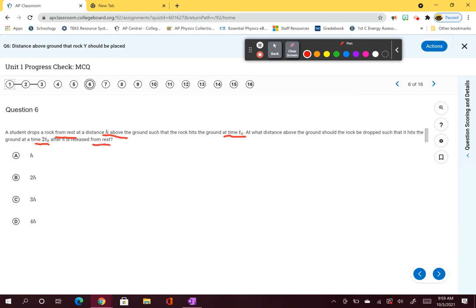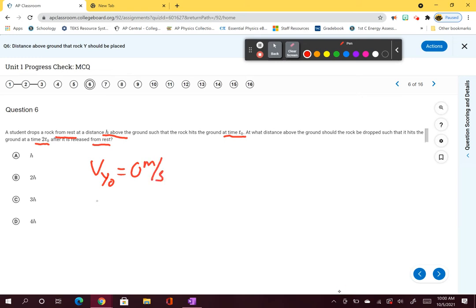So again, this is a similar idea of what we just did. We need to see the relationship of what equation we're going to end up using. So let's think about what givens we have. We have our initial velocity to be 0.